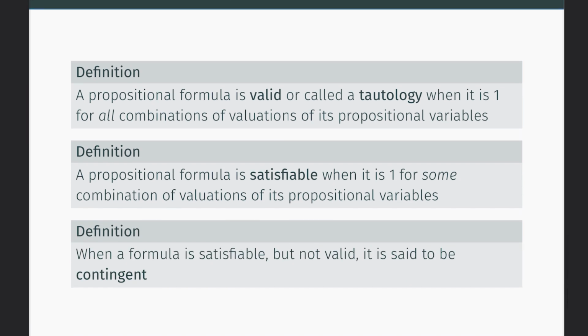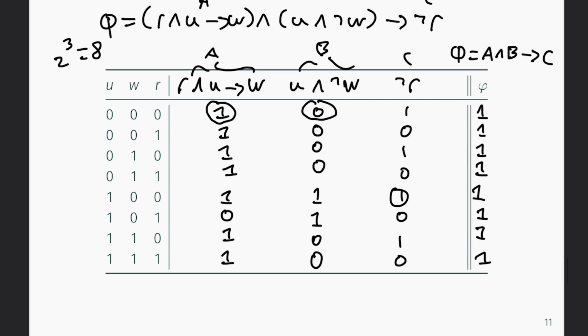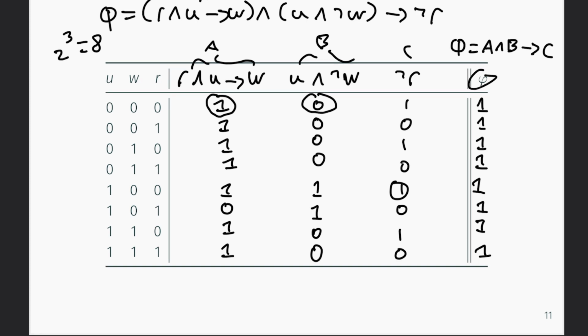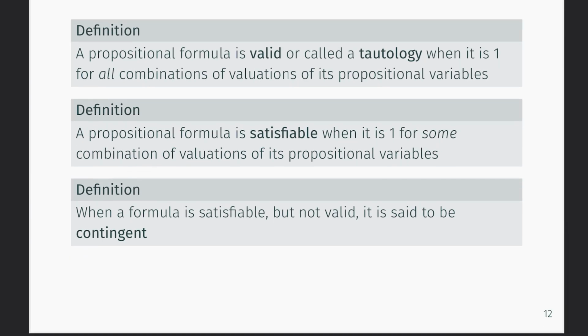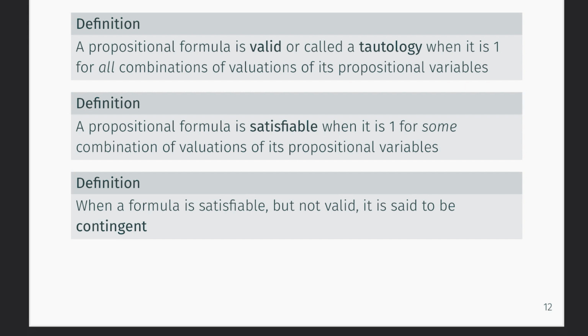So a propositional formula is valid, or called a tautology, when it is 1 for all combinations of valuations of its propositional variables. So like we saw before, phi is always true, so therefore this is called a tautology, or the formula phi is valid.